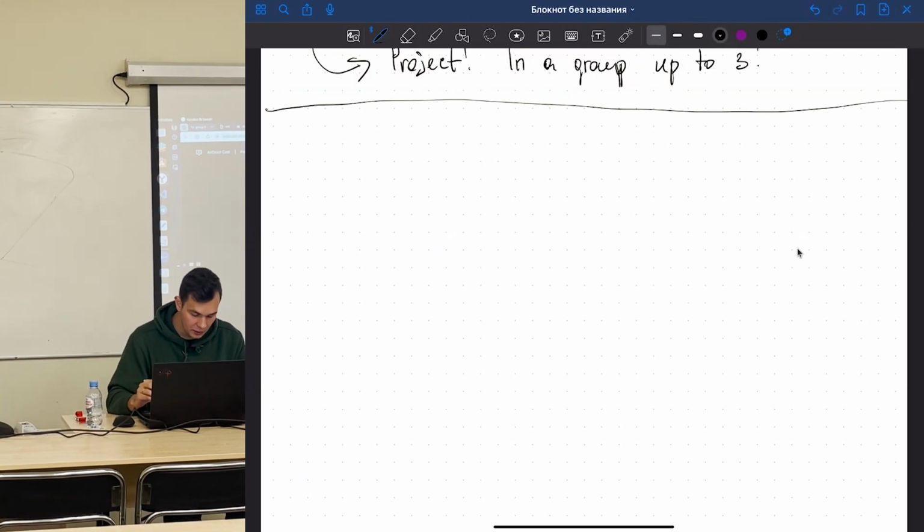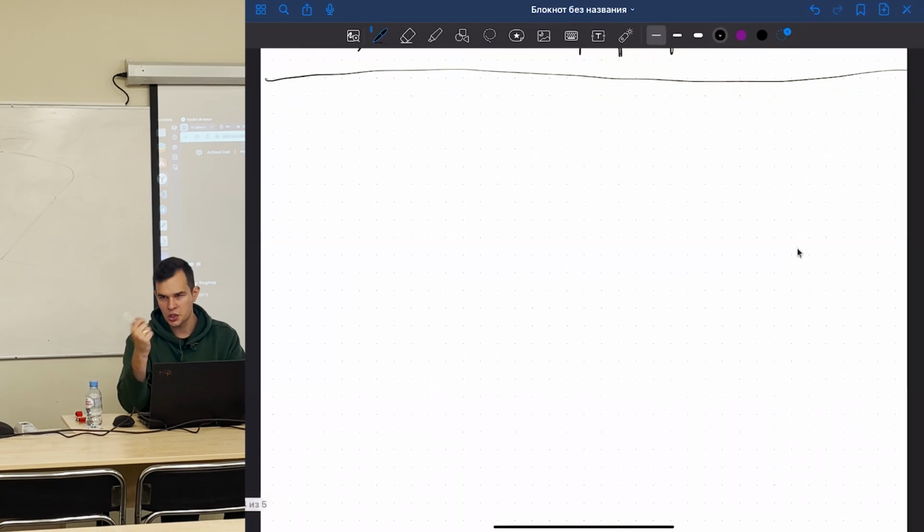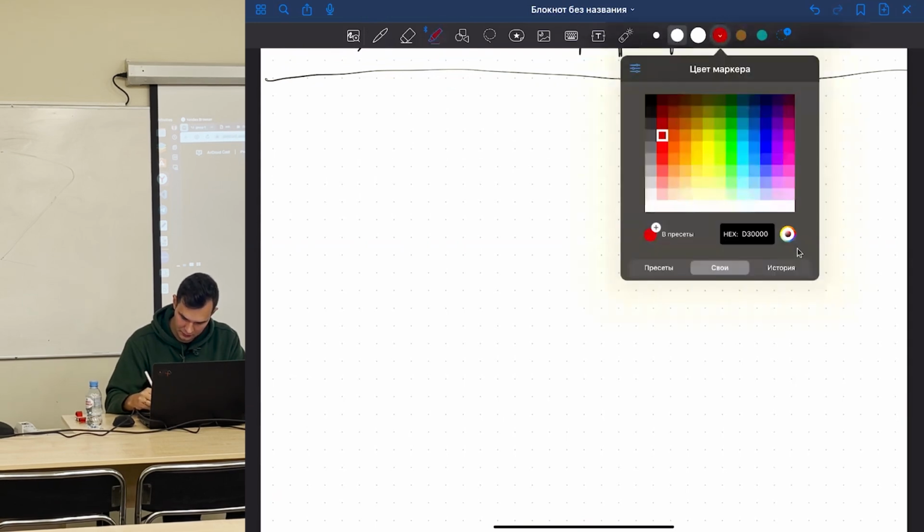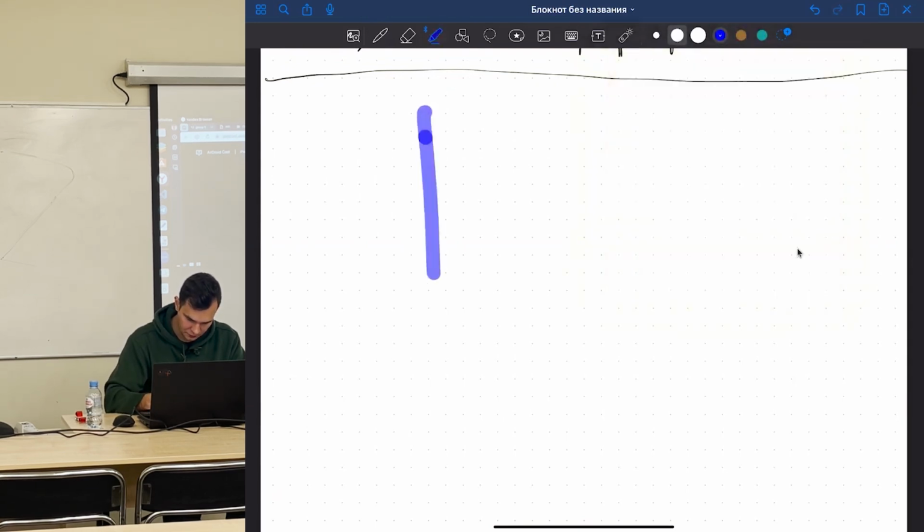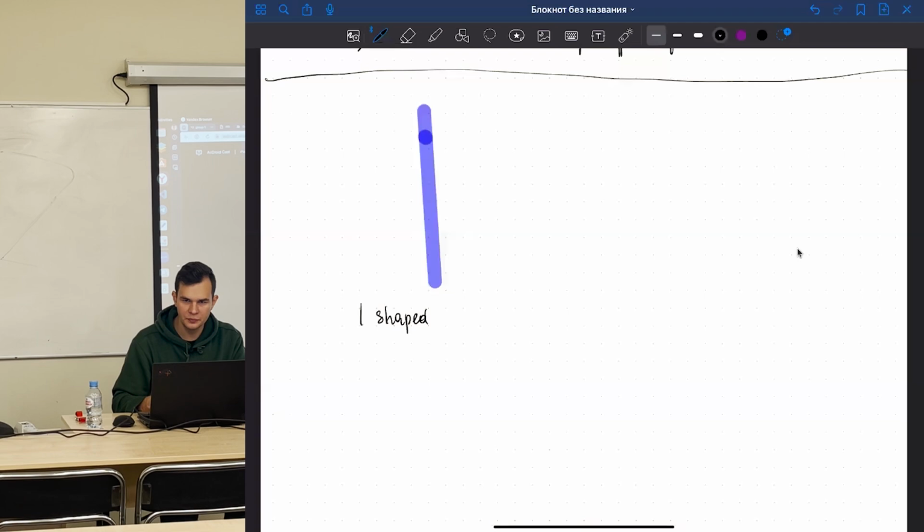Education-wise, there is a concept called I-shaped education, or I-shaped experience.